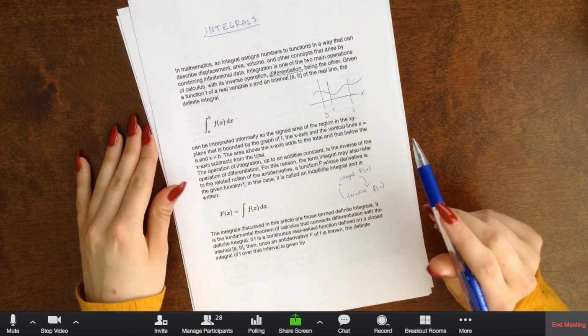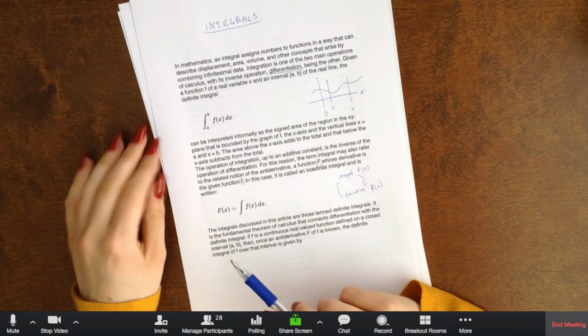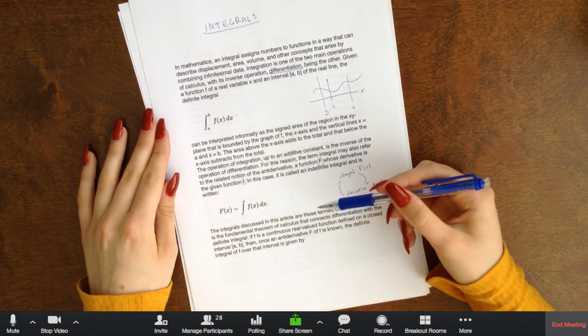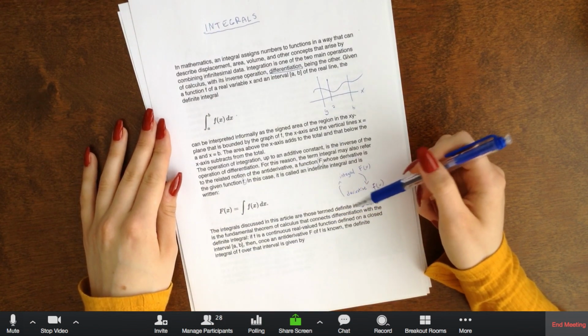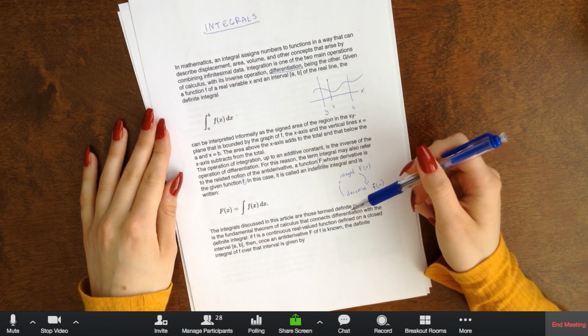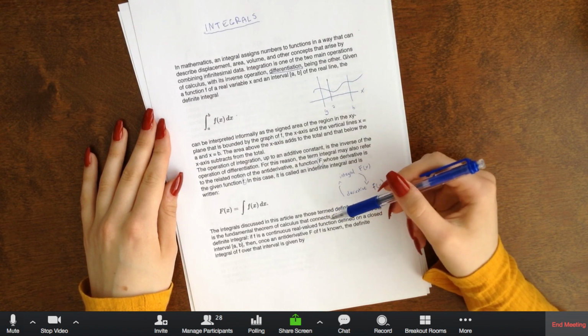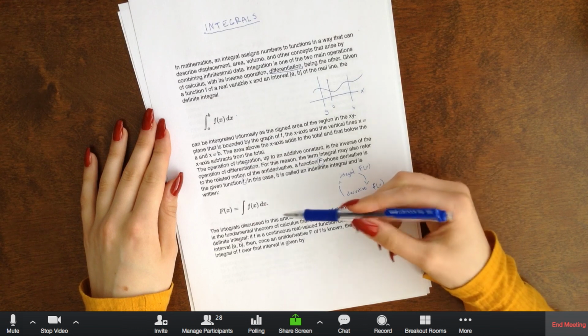Okay, let's continue. So, the integrals discussed in this article are those termed definite integrals. It is the fundamental theorem of calculus that connects differentiation with the definite integral.